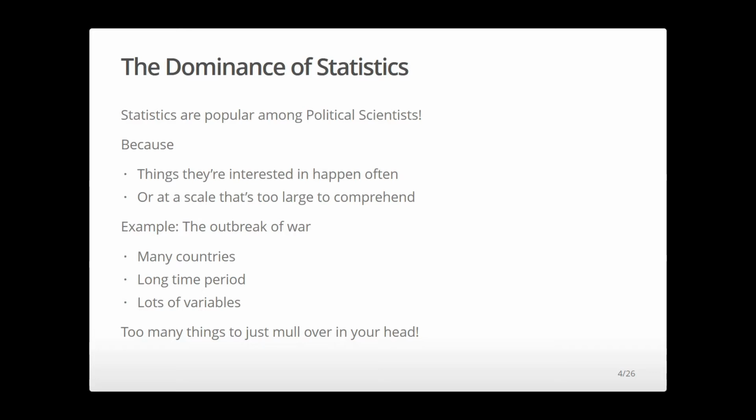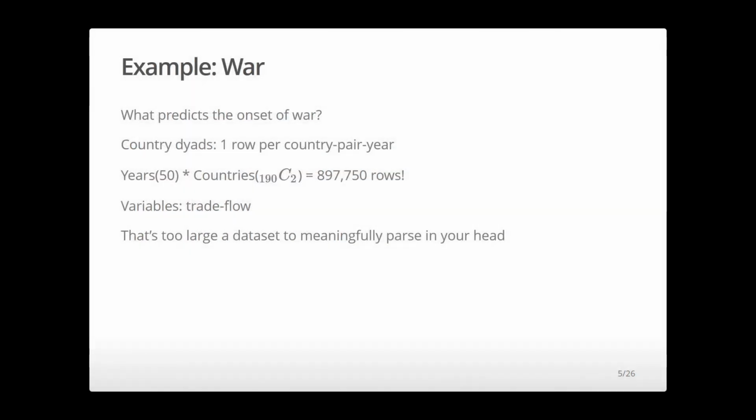One way to measure that concept is by taking all pairs of countries that existed in a given year and seeing if they were engaged in large-scale armed conflict. Turns out that dataset is pretty gigantic. For the sake of demonstration, assume that each year, for the last 50 years, we've had 190 countries. So, one row per country pair per year.